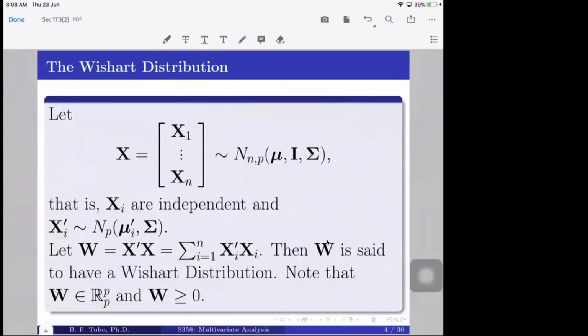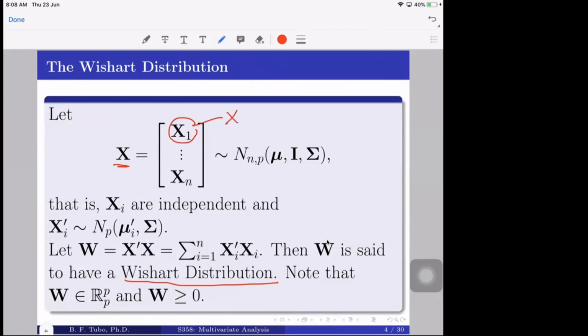So let's now have the multivariate case for the chi-square distribution, and it will become what we call the Wishart distribution. So we have a random matrix X. Take note that this is a matrix, not an individual x sub 1.